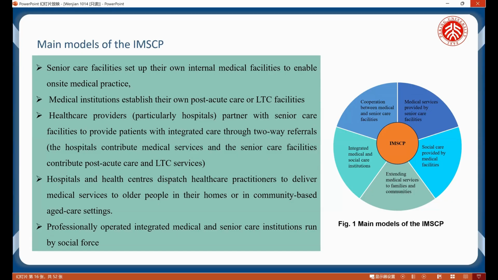The third is healthcare providers partnering with senior care facilities. The fourth is hospitals and health centers dispatching healthcare practitioners to deliver medical services. The fifth is professionally operated integrated medical and senior care institutions run by social forces.